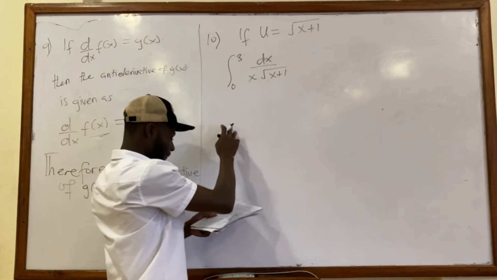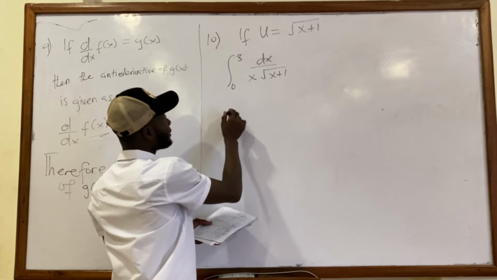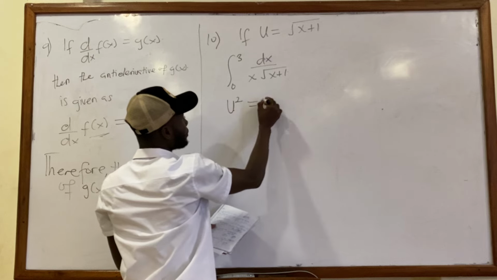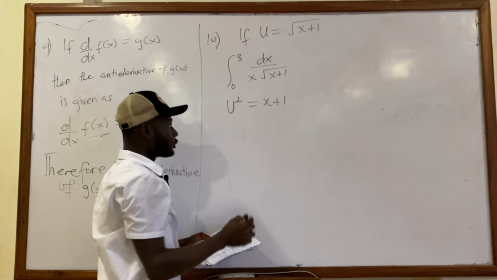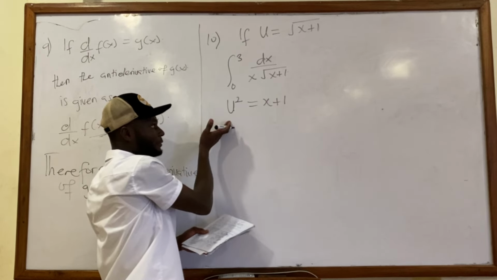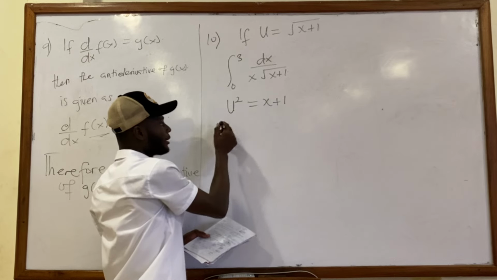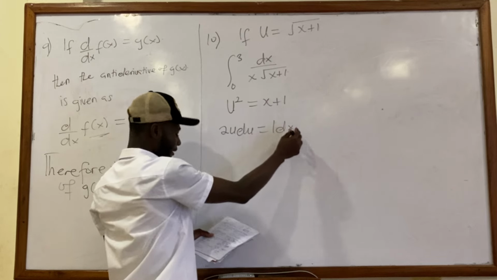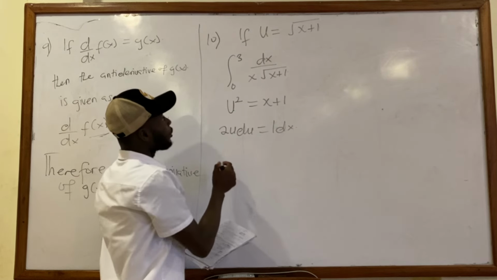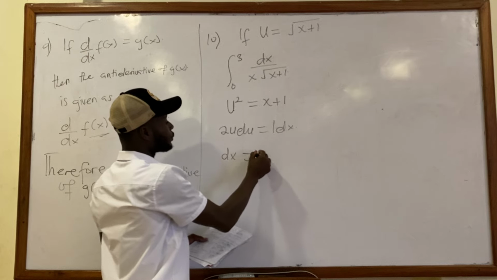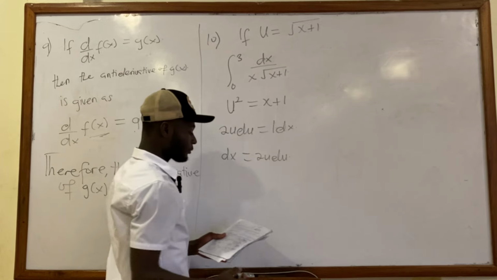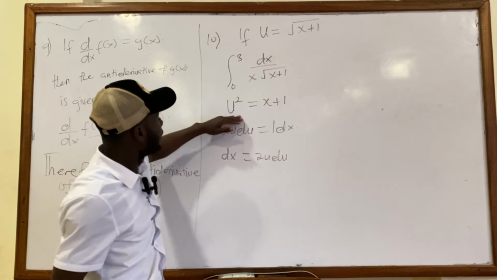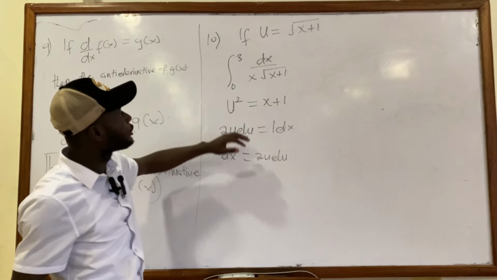then squaring both sides, u squared is equal to x plus 1. When you differentiate both sides, here with respect to u and here with respect to x, we are going to have 2u du is equal to 1 dx. So dx is equal to 2u du. Let's plug the expressions into the function.